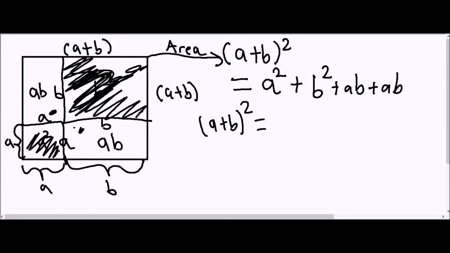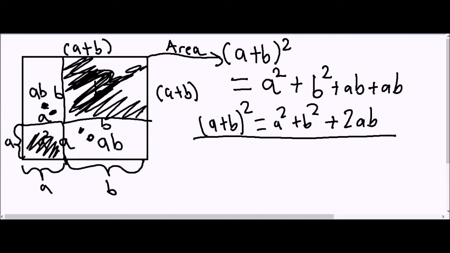That's the same thing as this small part over here, a squared, this bigger part over here, b squared, and these two parts, 2ab, these two rectangles. And we're done.